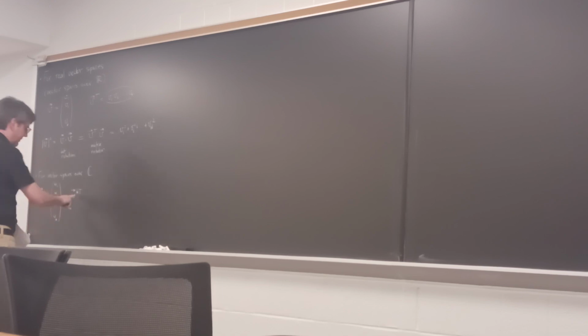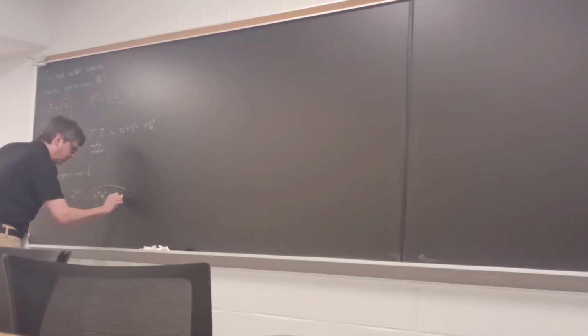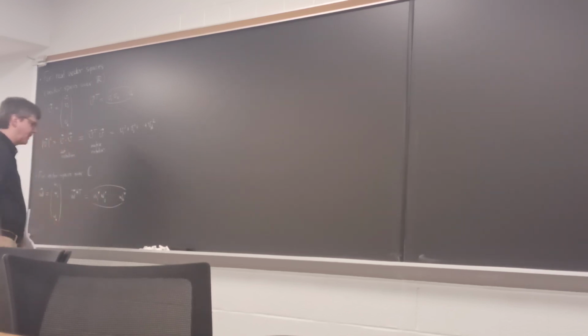If I forgot to put the star in, we need to put the star in. And so this is W1 star, W2 star, up to Wn star. Okay, so I think I might have forgotten to put the star in when I wrote it last time. So go ahead and put that in your notes. Yeah, question?